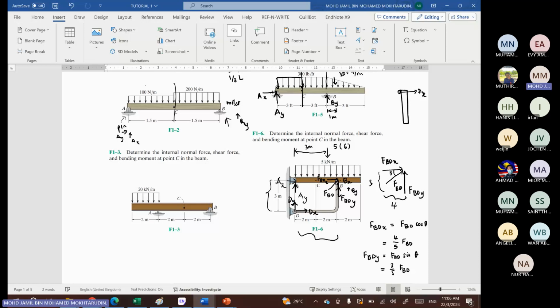Ya. Okay, so macam yang slanting FBD tu it's literally the same thing lah. If you imagine, macam mana nak cakap, the only difference is when you cut the structure.